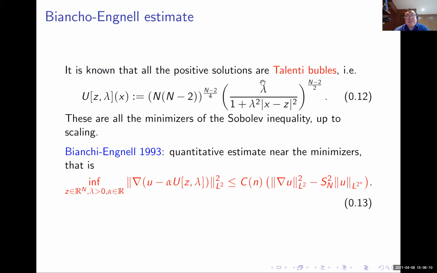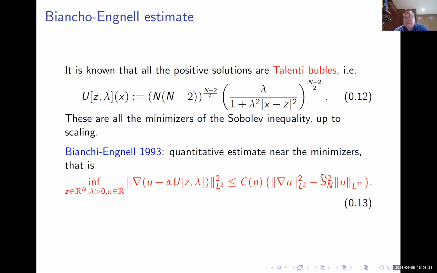And all positive solutions for the Yamabe problem are so-called Talenti bubbles. Bianchi and Egnell in 1993 obtained the first quantitative estimate of the Sobolev inequality near the minimizer.